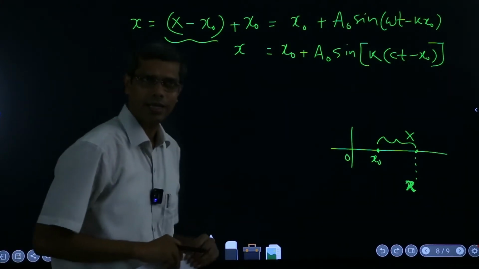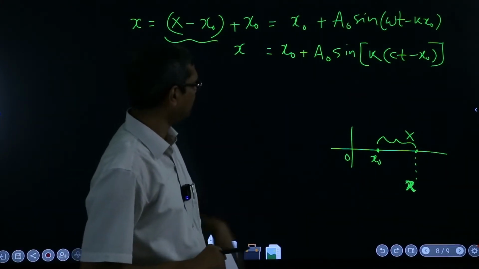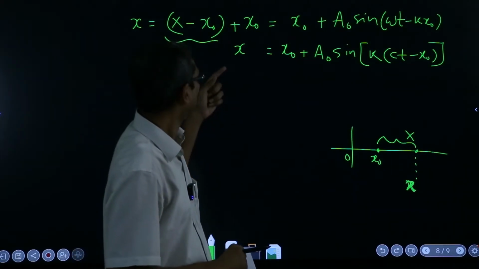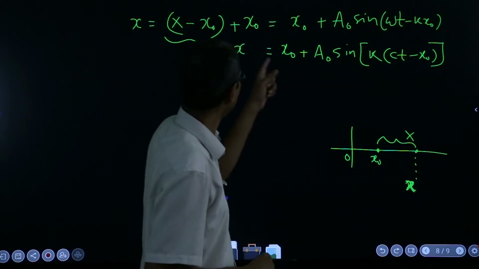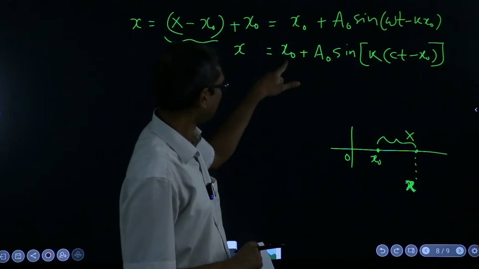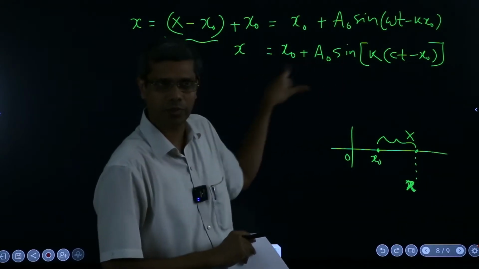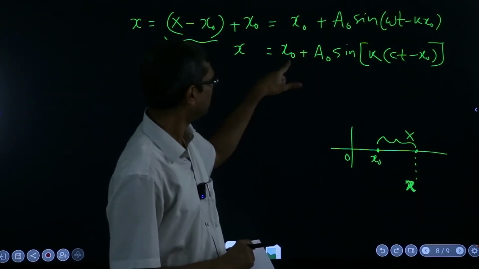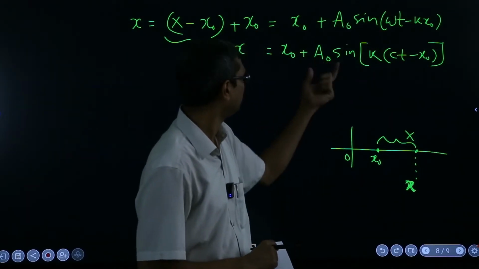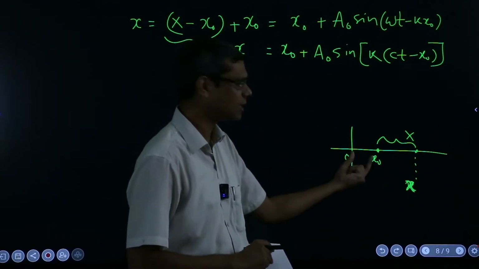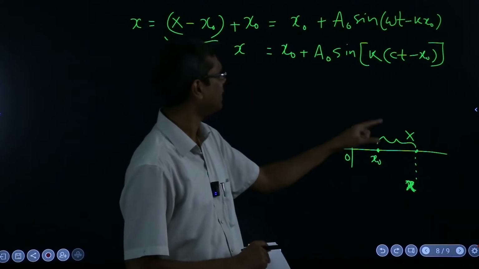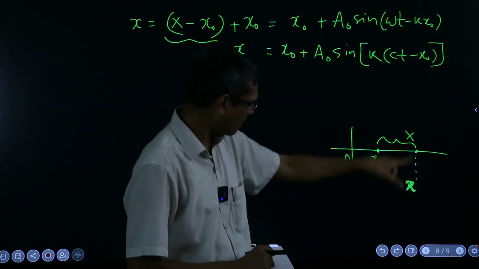What this equation tells you is that you are trying to find who is that x naught, because x naught is the name of the person, for whom the position, because this is the displacement and this is its initial value, x naught plus this position at time t happens to be x.